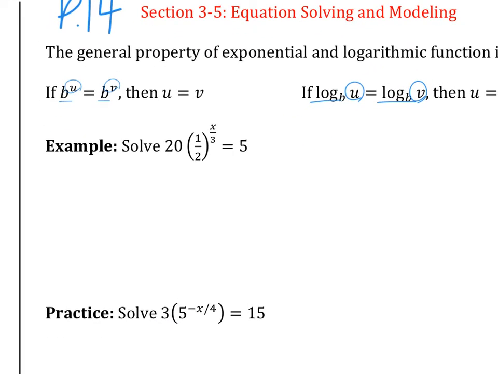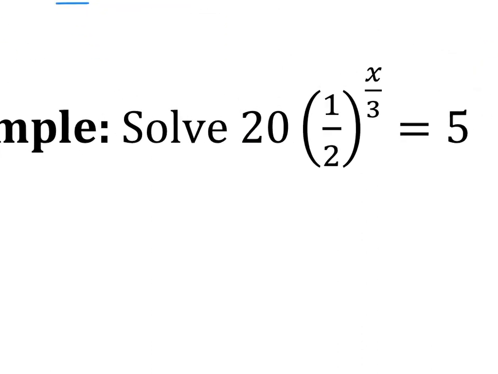Okay, now let's take a look at this question. What should I do to solve this? Looks really crazy, but you can do this. Divide by 20 on both sides.